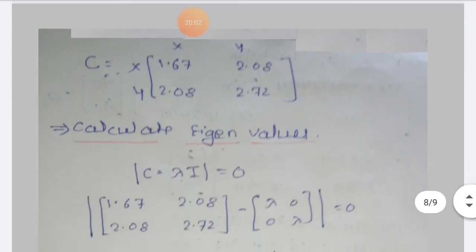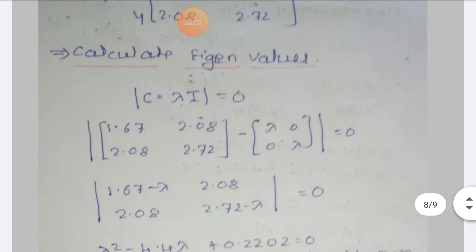The next step is to calculate eigenvalues. We know the formula to find the eigenvalues is mod of C minus lambda I is equal to 0. Let us put the C value: 1.67, 2.08, 2.08 and 2.72, minus lambda multiplied with the identity matrix, I am getting lambda 0, 0 lambda, mod equal to 0.